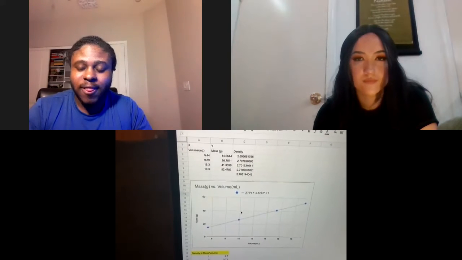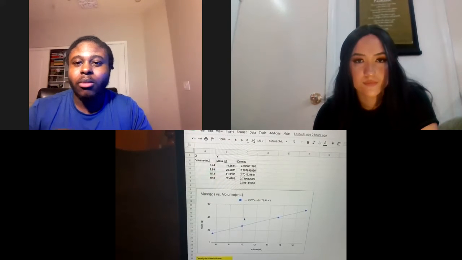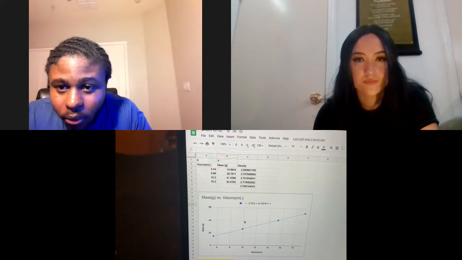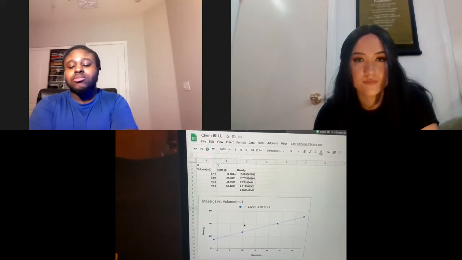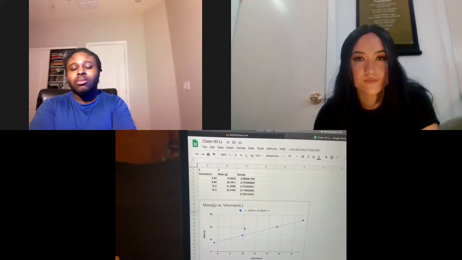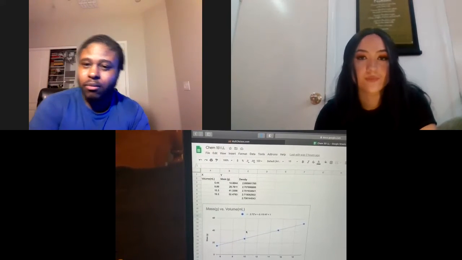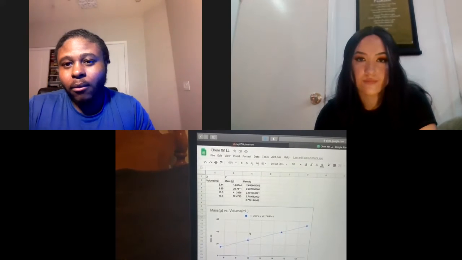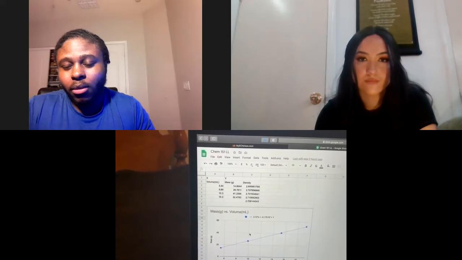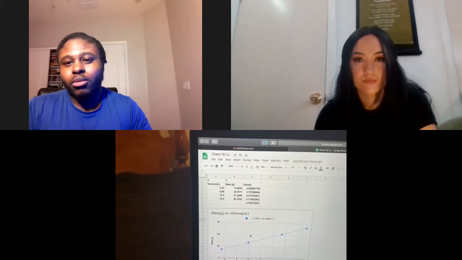And then looking at our graph, I put as our x variables our volume being 5.44, 9.89, 15.3, and 19.3, and the y variable being our mass. And then we also put our density values on there as well. For the mass, we went up in increments of 20, and for our volume, we went up in increments of 2.